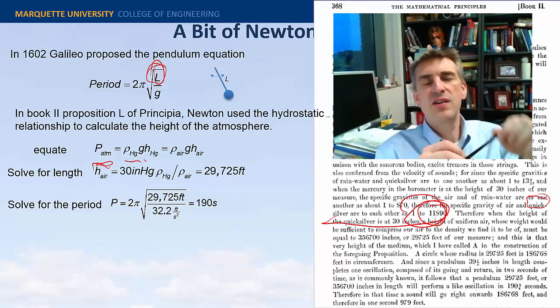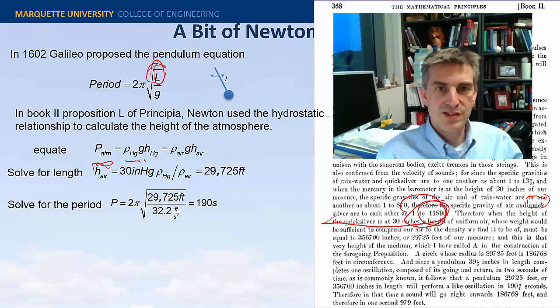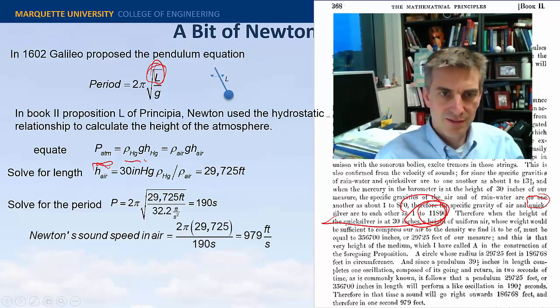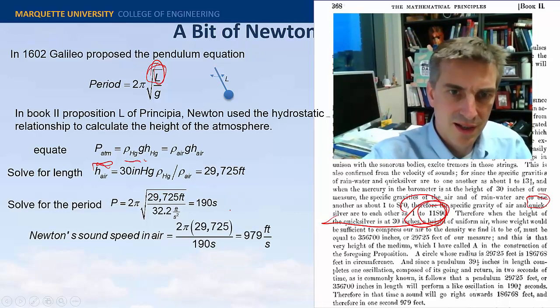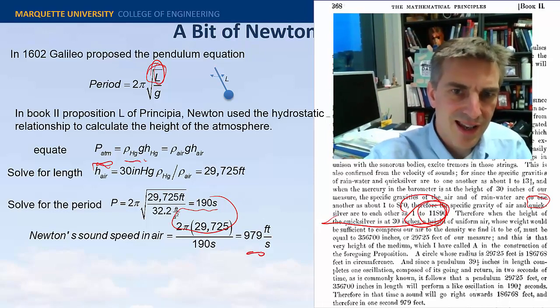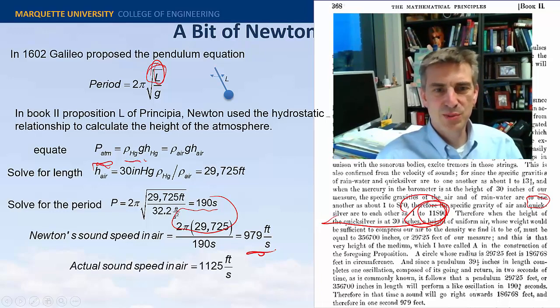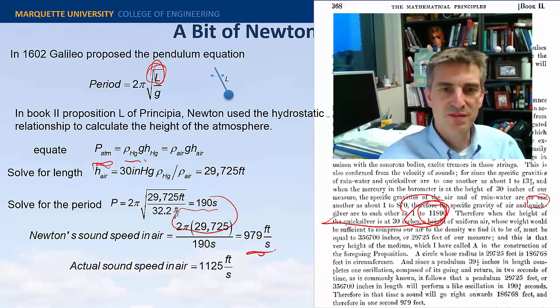It would take about 190 seconds to do one cycle. And knowing the circumference of this pendulum, 2πr divided by 190 seconds, he got 979 feet per second. The actual sound speed at standard temperature and pressure is about 1,025 feet per second.